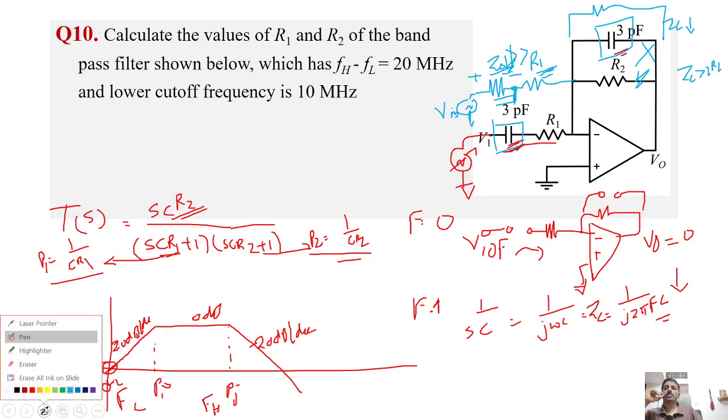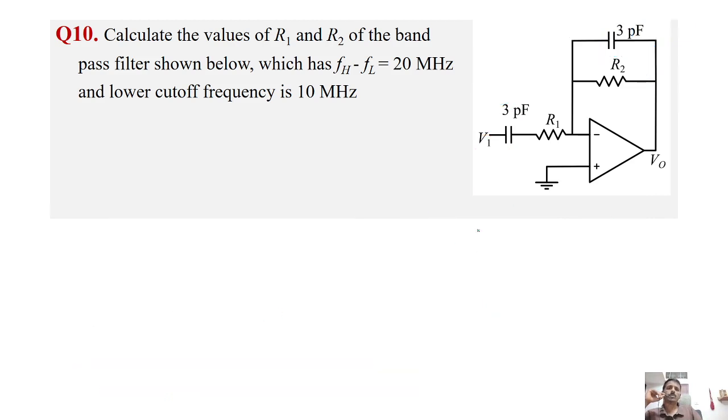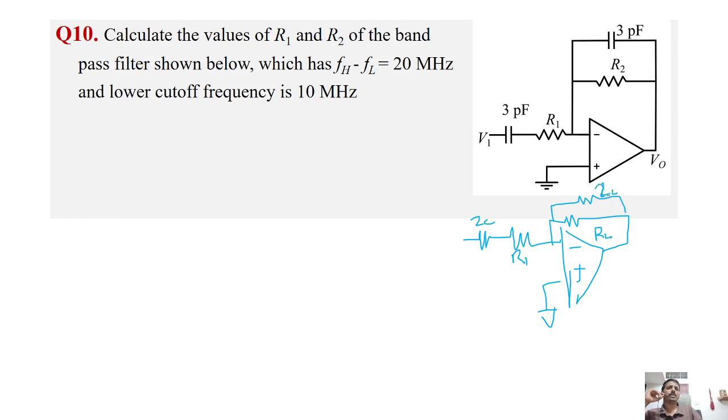Let me clear all this. I will explain once more. For example, this is R2 and this is R1, and I will write this ZC and this ZC. Why did I draw it like this?